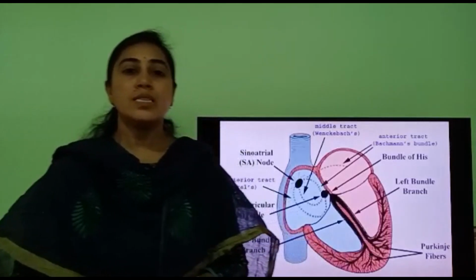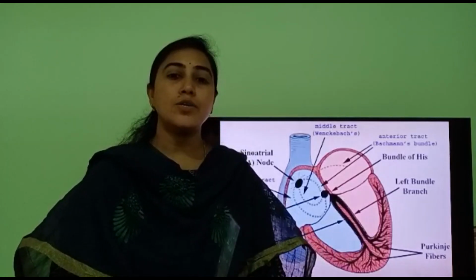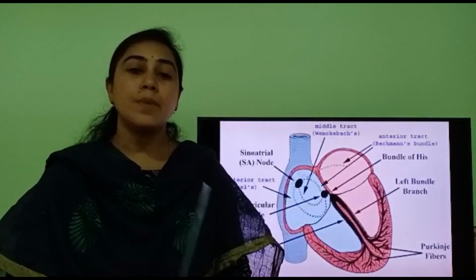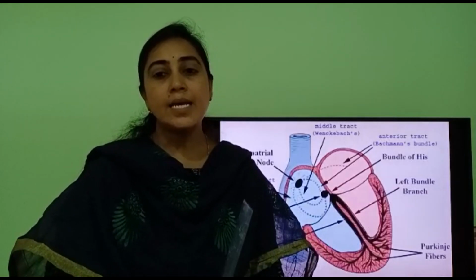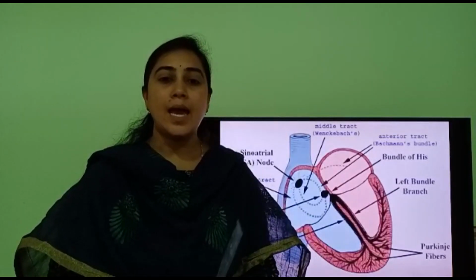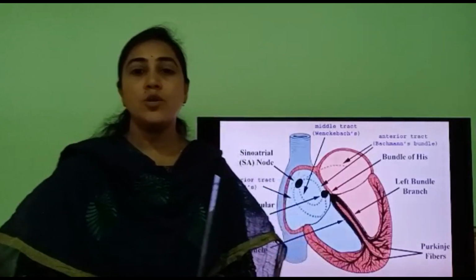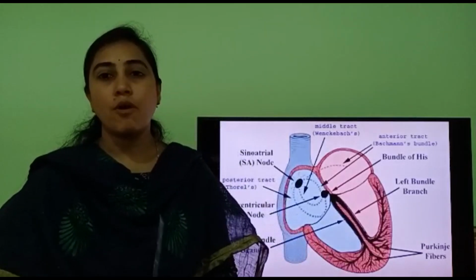And the sinoatrial node consists of specialized cardiomyocytes. Cardiomyocytes are the cells present in the wall of the heart, hence they are called cardiomyocytes. It has the ability to generate action potentials without any external stimulus. No need to give any external energy to participate in muscular contraction.